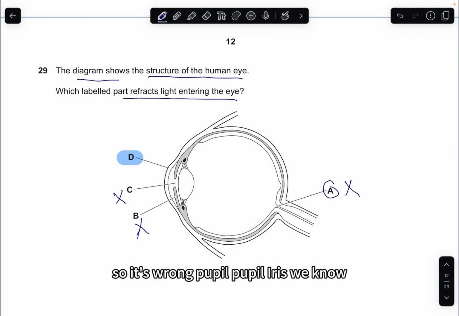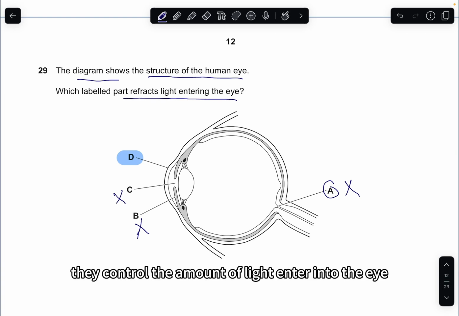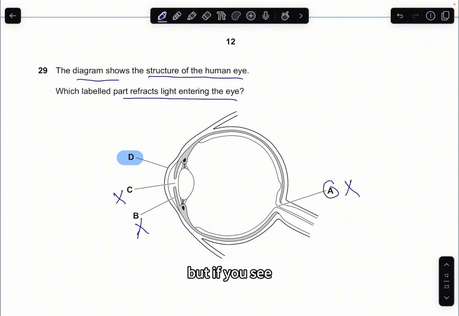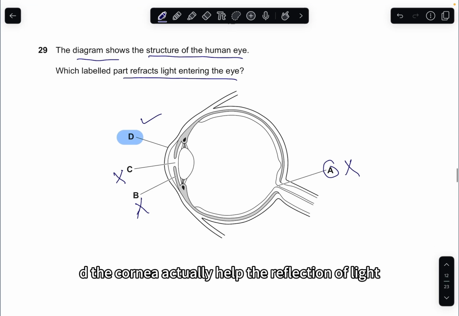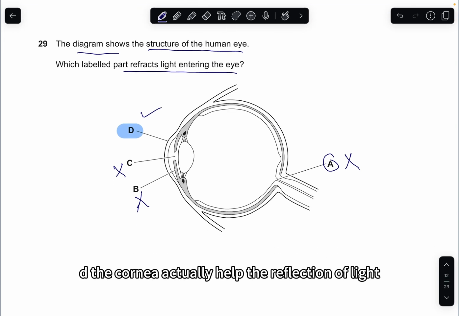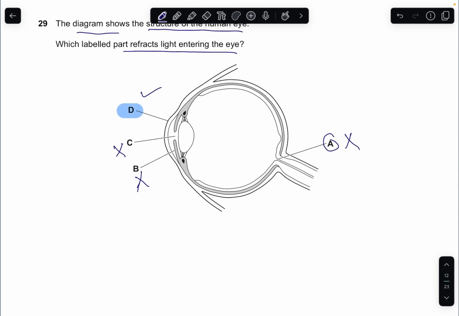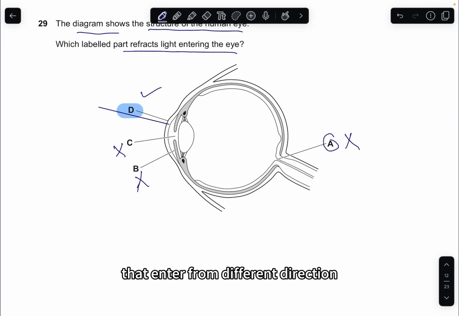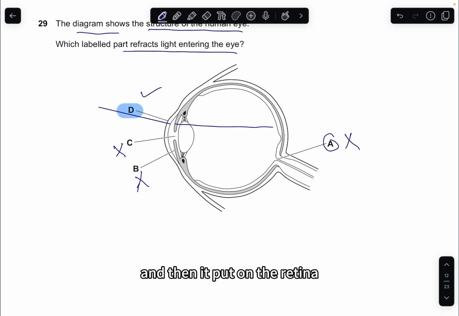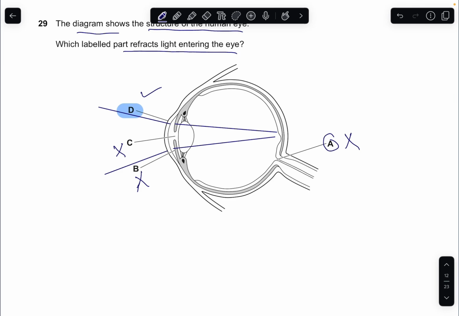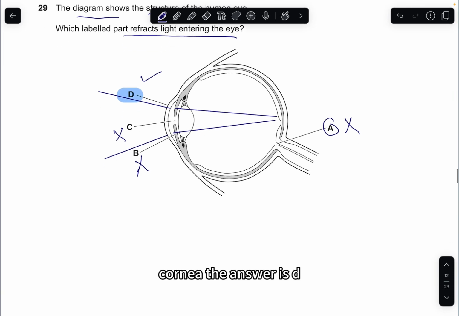The pupil and iris, we know they control the amount of light entering the eye, so that is also wrong. But if you see D, the cornea actually helps the refraction of light that enters from different directions, and then it puts it on the retina. So it's actually the cornea. The answer is D.